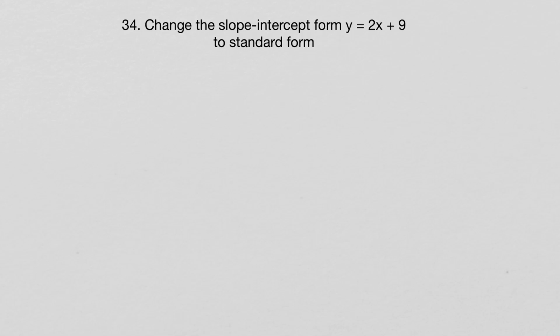Question 34. Change the slope-intercept form y equals 2x plus 9 to standard form. The standard form is ax plus by equals c, where a, b, and c are numbers. We can subtract 2x from both sides.